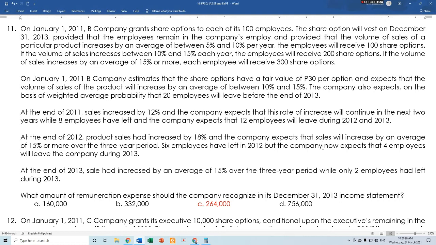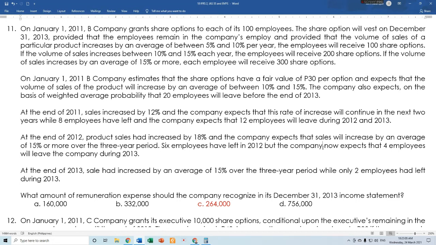So, in other words, ang issue lang natin dito is whether or not masasatisfy ba natin yung non-market performance condition. Okay, pero in this case, sundan lang natin yung problem. Ang pinapahanap sa atin, what amount of remuneration expense should the company recognize on December 31, 2013 after 3 years?